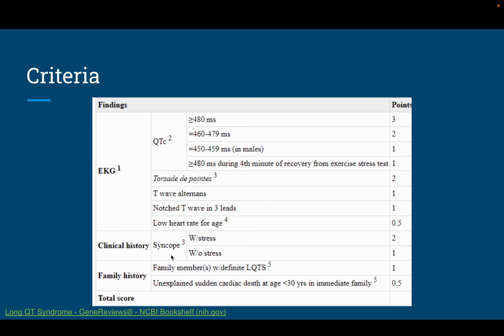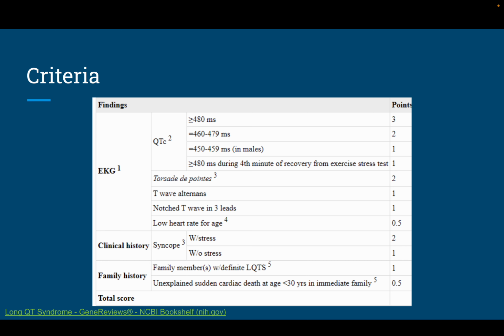Clinical history, you're looking for syncope. Remember, we just talked about having this present with stress. So they get an extra point. If you have syncope without stress, you get 1, but with stress, it's 2 because you're more likely to see someone with long QT have those syncopal episodes in a time of stress or excitement. Family history, members who do have long QT syndrome, that is a point.